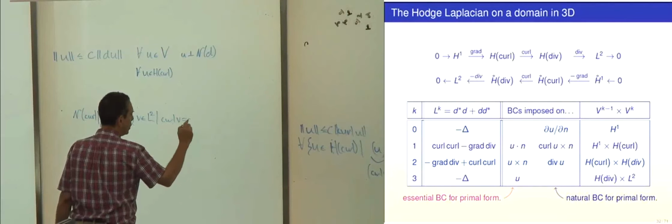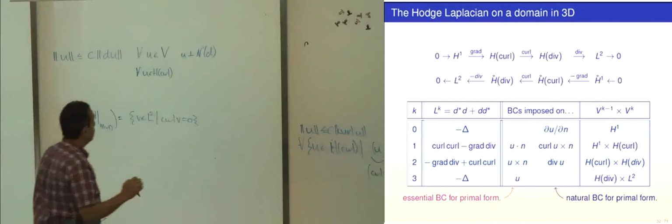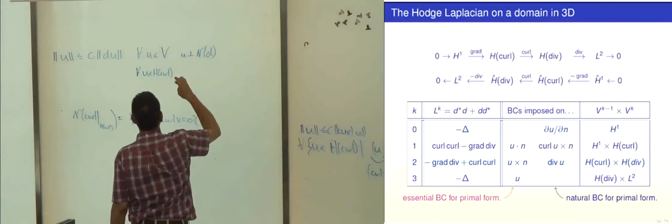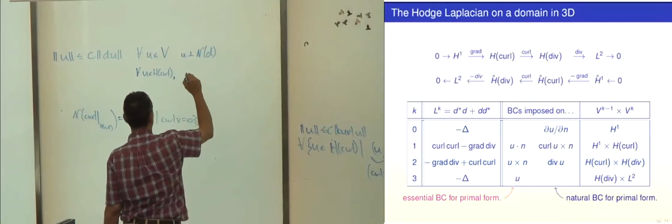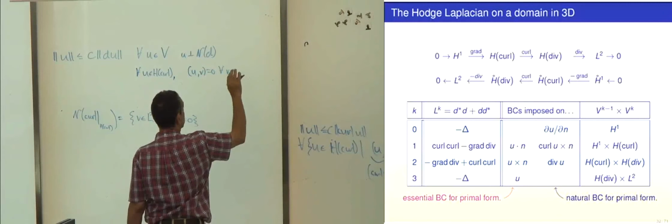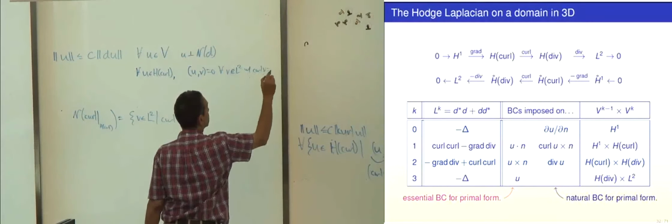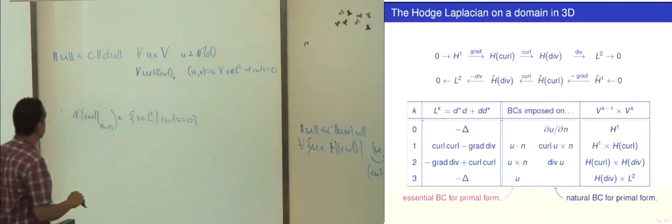That's the easiest way to write it. So this is for all U in H curl such that the inner product of U and V equals 0 for all V in L2 with curl V equals 0. That's another way to write that.